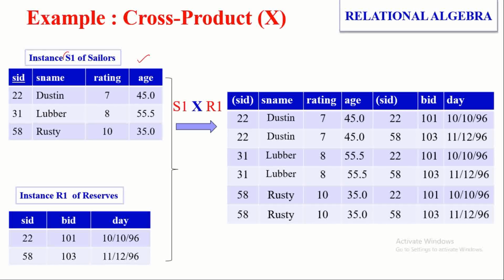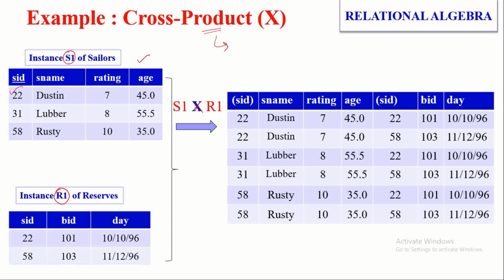Okay, so let us discuss the cross product with examples. Here, S1 instance of the sailors and R1 instance of the reserves are taken as input tables, and on these the cross product is applied. Okay, so what is the operation of cross product? Every tuple in the first table will be combined with every tuple in the second input table, right?